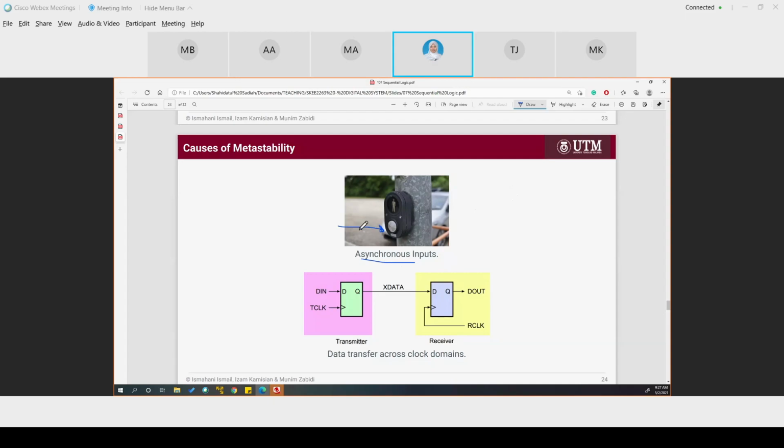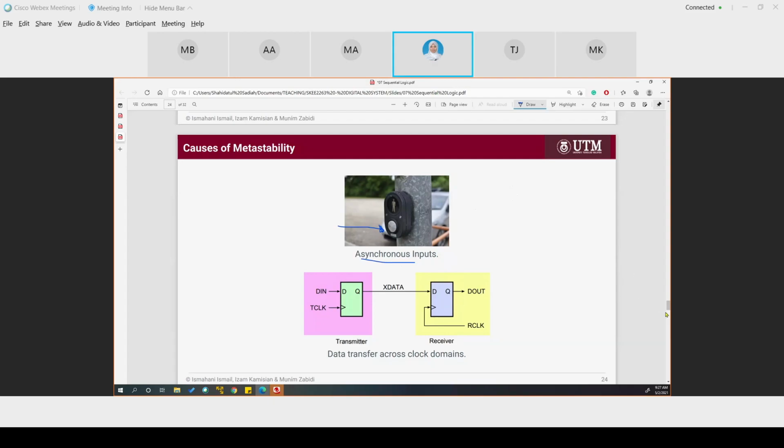So when an asynchronous input happens, we want to make sure that after it happens, the circuit will still be in the correct sequence, in correct synchro. We want to synchronize the circuit, even though we get an asynchronous input.